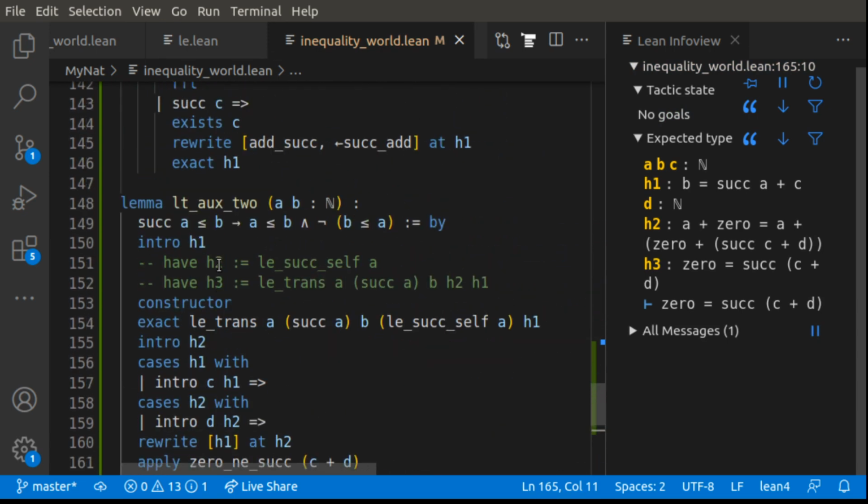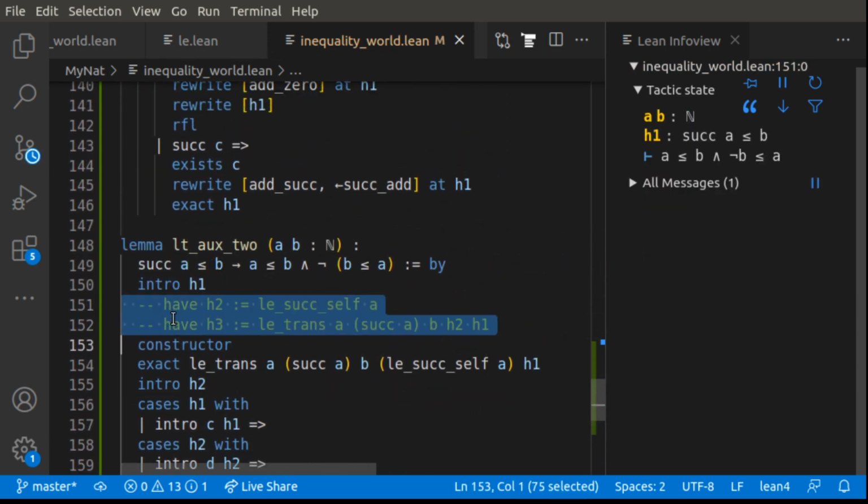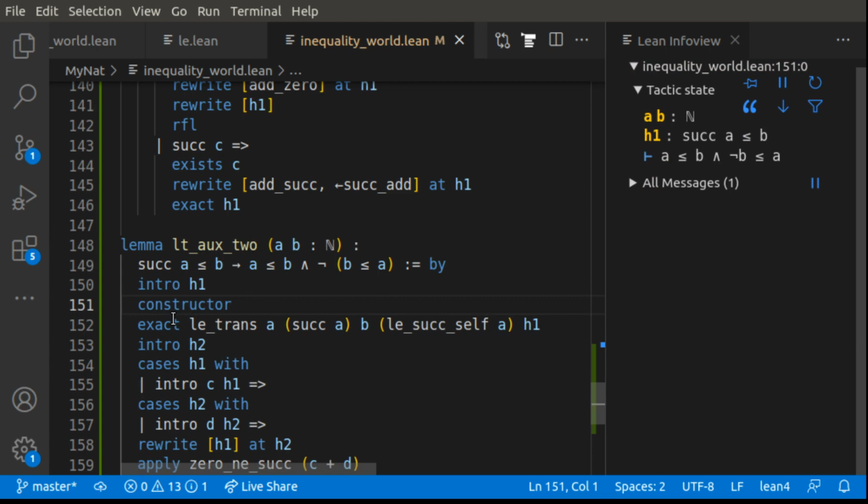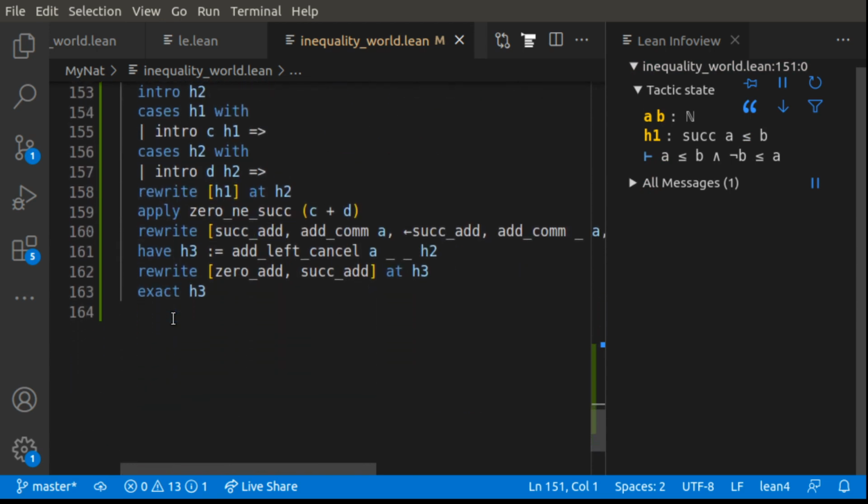Let's go. Okay, so this proves less than or equal to auxiliary 2. And that solves inequality world 16.